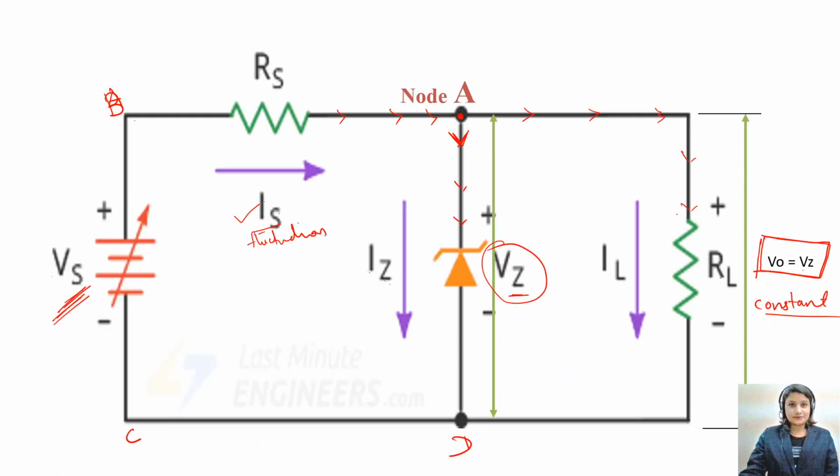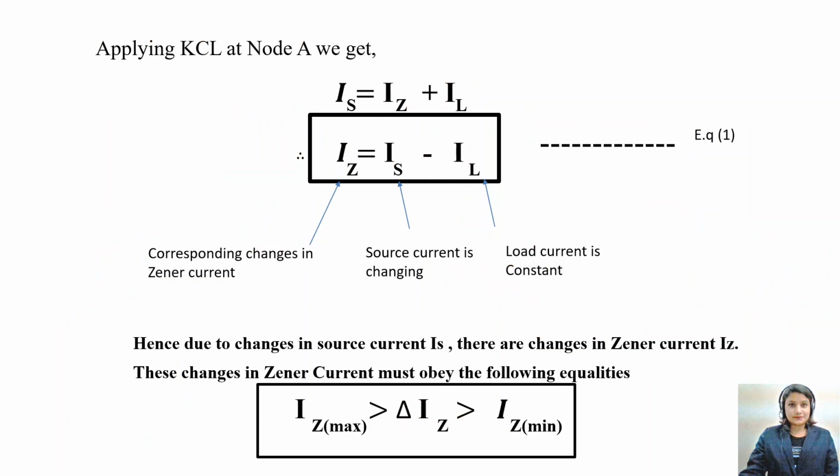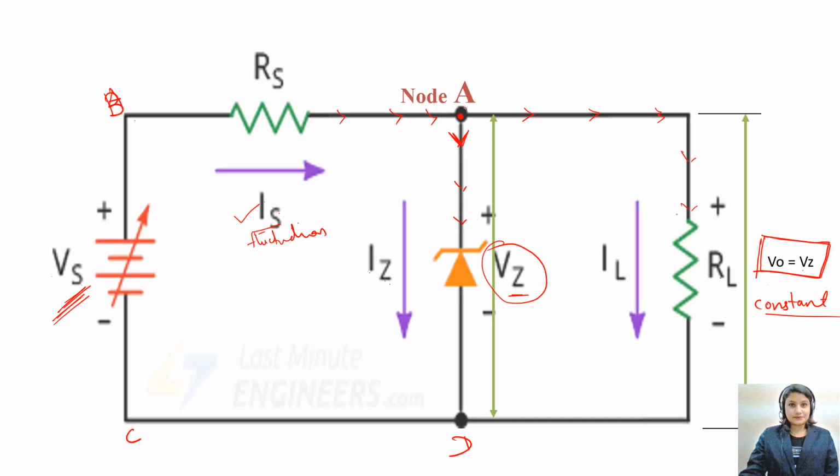Okay, so why does this happen? Let us see. If I apply KCL, Kirchhoff's current law, at this node A, what does Kirchhoff's current law say? The summation of incoming currents is equal to the summation of the leaving currents.